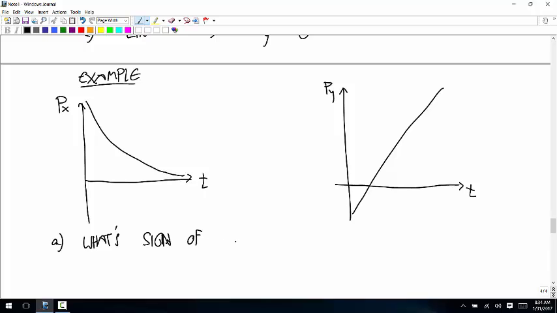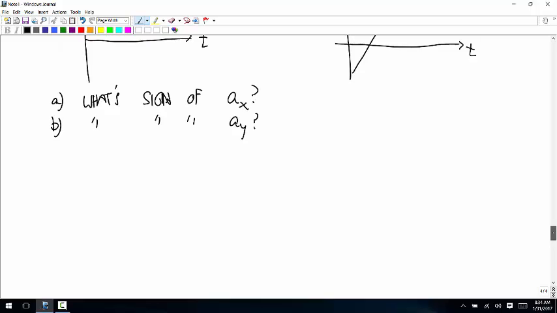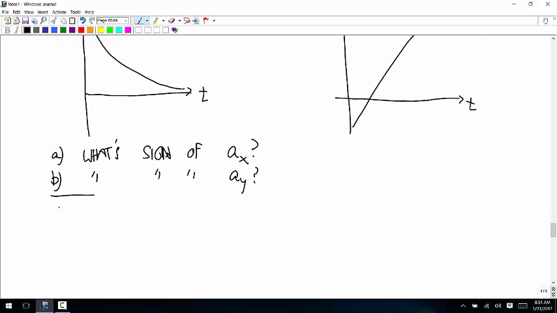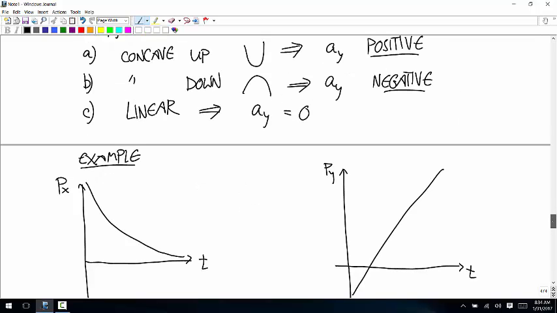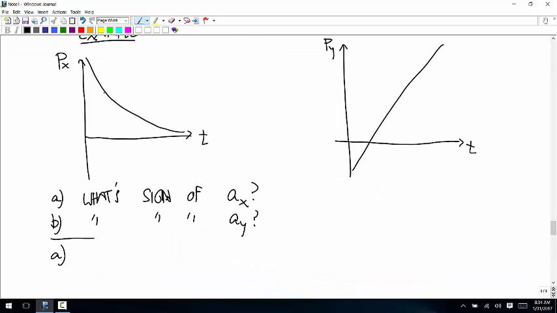What's the sign of ax? And b, what's the sign of ay? Okay, so for part A, if this is the x position versus time graph on the left, what's the sign of the x acceleration? Positive, yep.